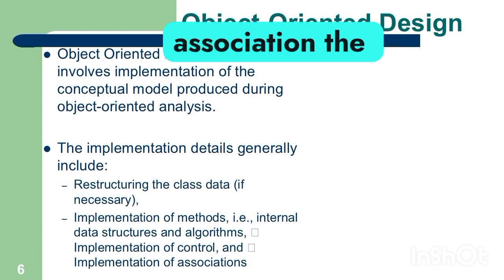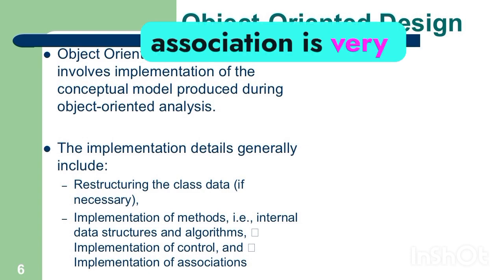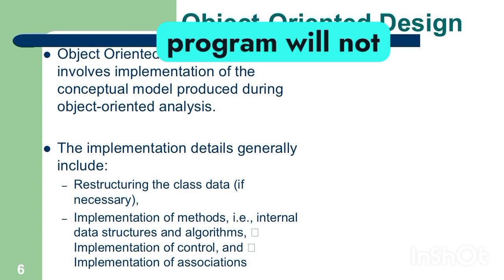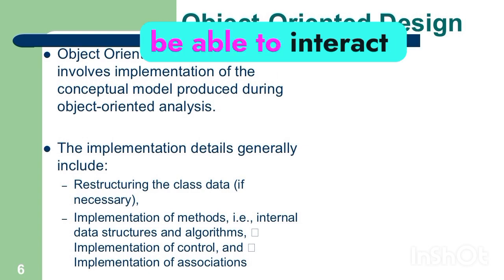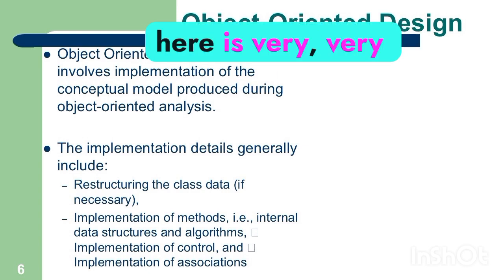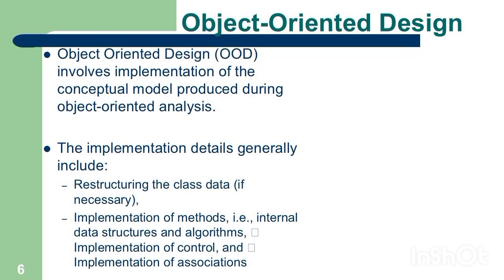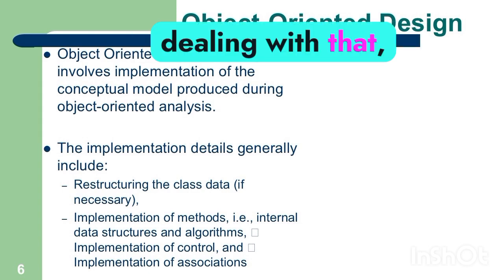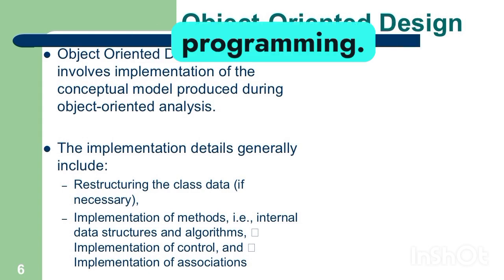And then the association. The association is very important. This is what brings about the relational diagram. Without the association, your objects cannot interact with each other. So the association here is very, very important. You need to take good care of it and give it maximum attention in dealing with programming.